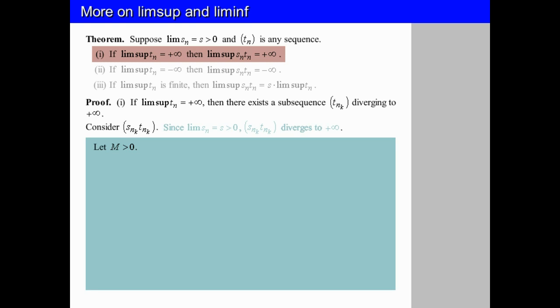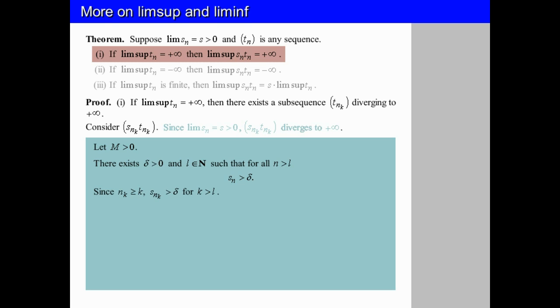Let m be greater than 0. There exists a positive number delta and an integer L such that for all n greater than L, Sn is greater than delta. This follows immediately from the fact that lim Sn is positive.